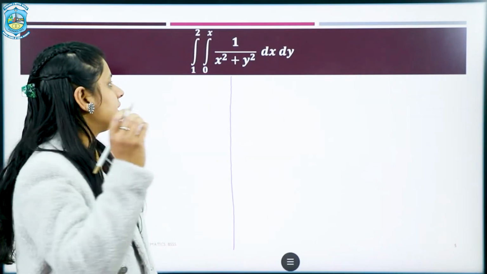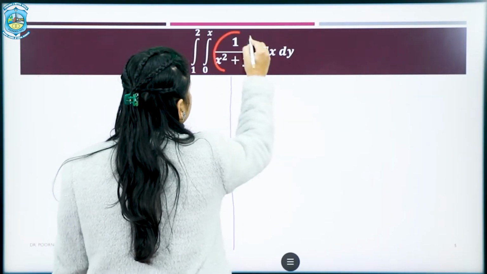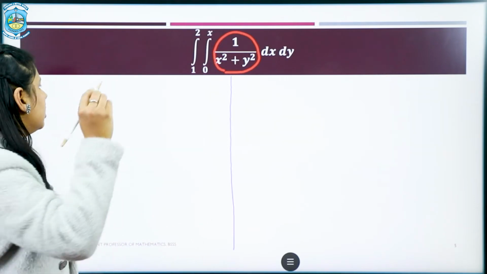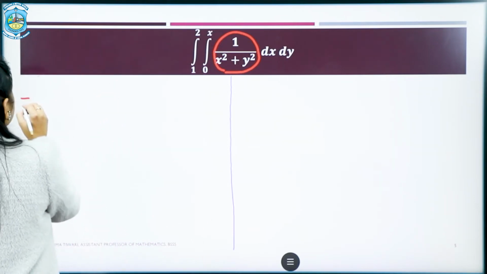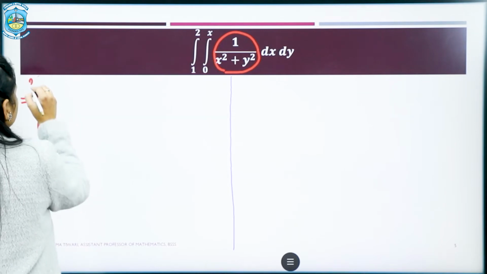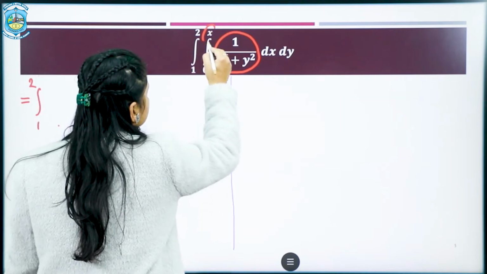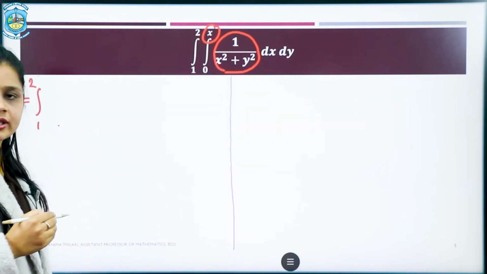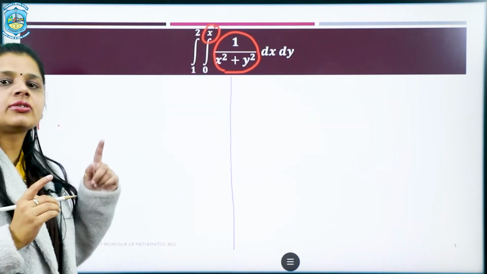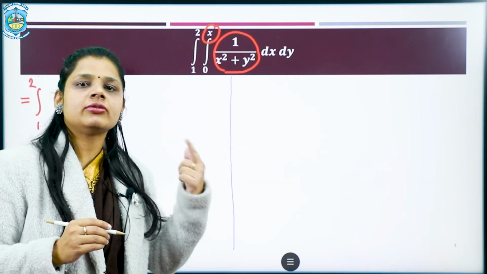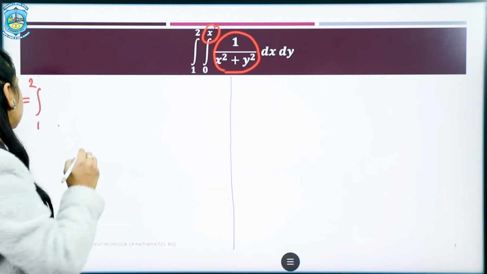Next, we will solve this double integral for the function 1 by x square plus y square. This integral we can write as integral 1 to 2, and the limit of the second integral is a function of x. That is, first we will integrate with respect to y and then with respect to x.